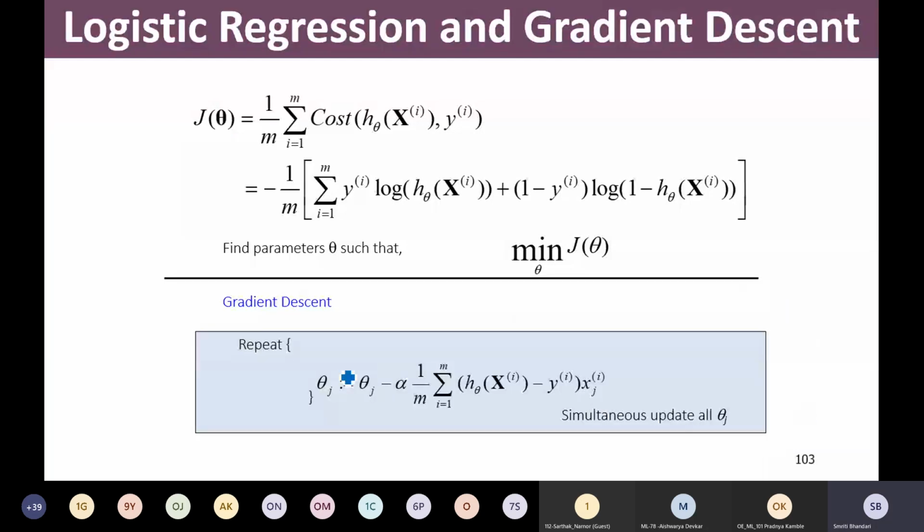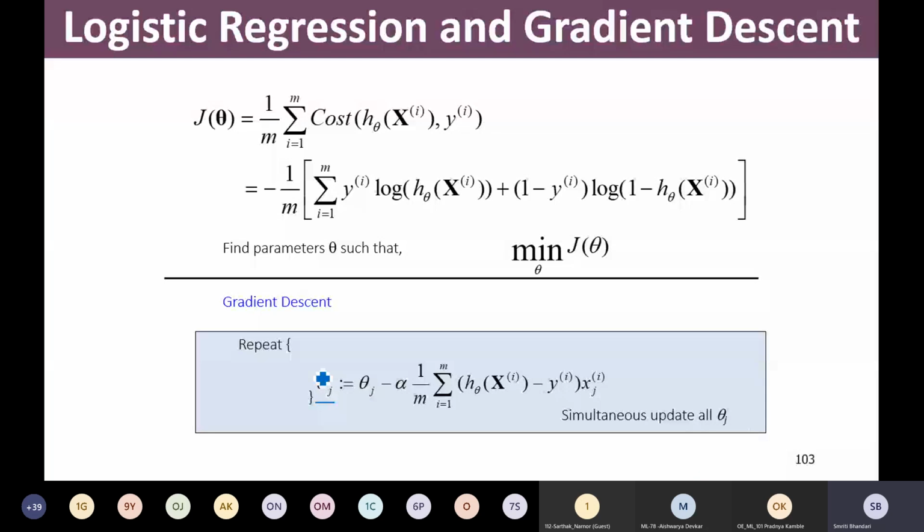So just by substituting that partial derivative, we can write the gradient descent algorithm for logistic regression as theta j equal to theta j minus alpha, where alpha is the learning rate, times this term 1 divided by m, summation over i equal to 1 to m, (h theta of x i minus y i) x j i. We update our theta j's in every iteration simultaneously.